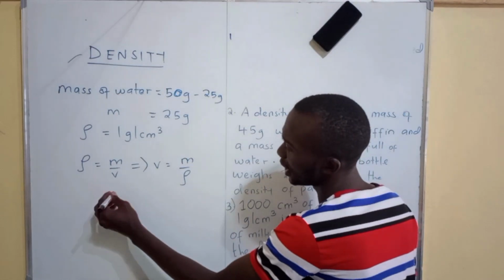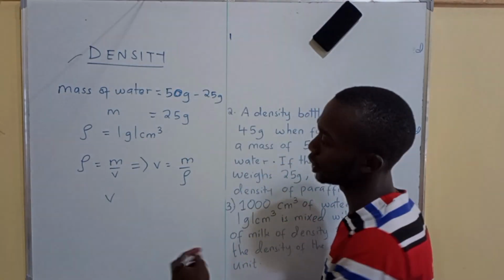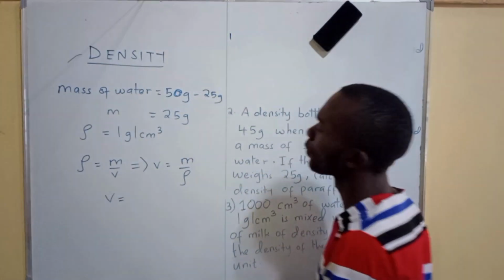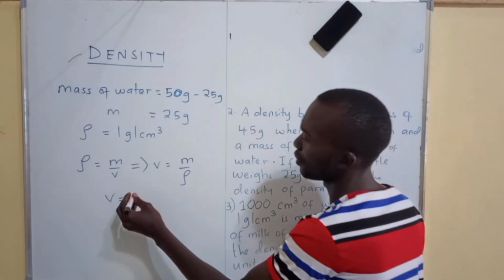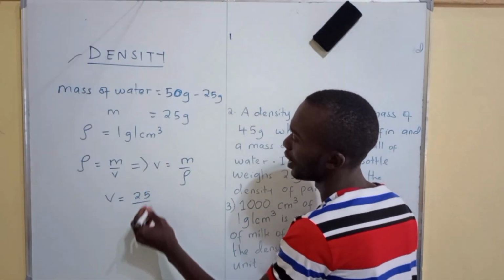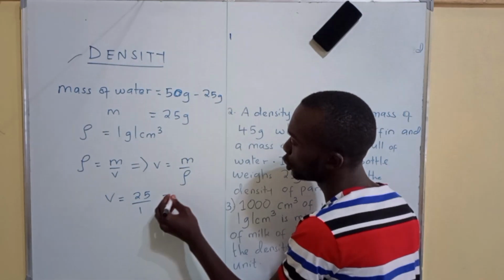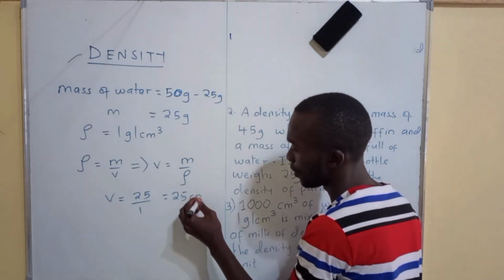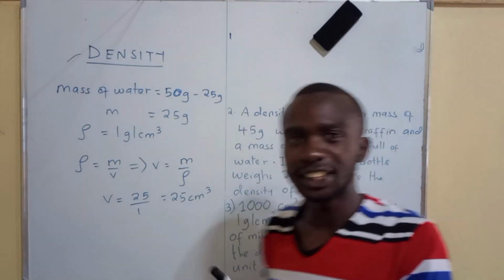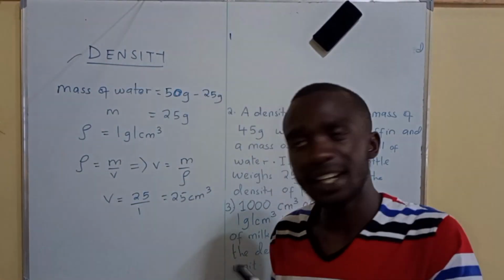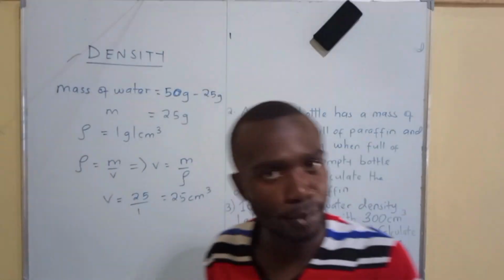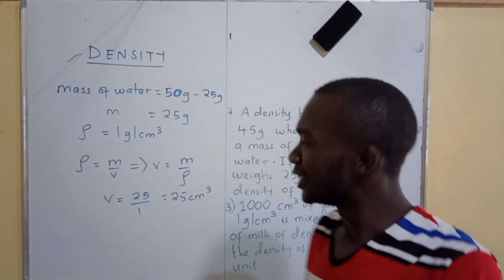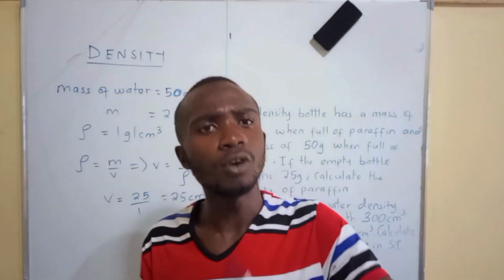The volume of the density bottle is equal to 25 grams over 1, which gives you 25 cubic centimeters. So the volume of the density bottle is 25 cubic centimeters, which is equal to the volume of water.